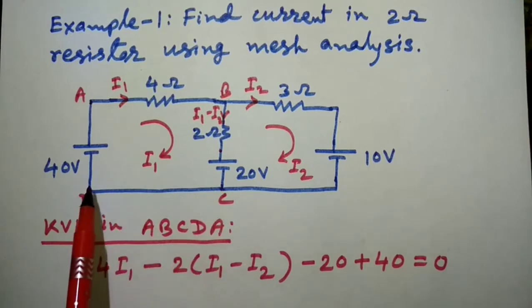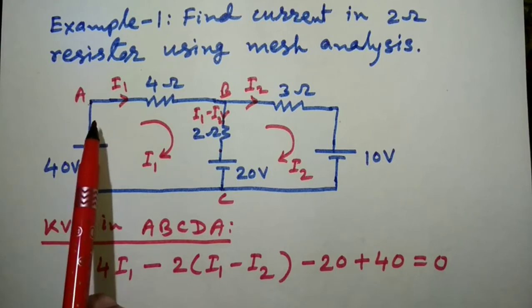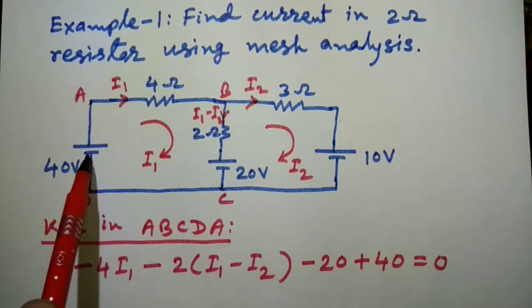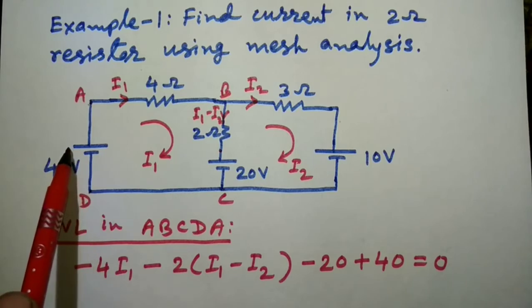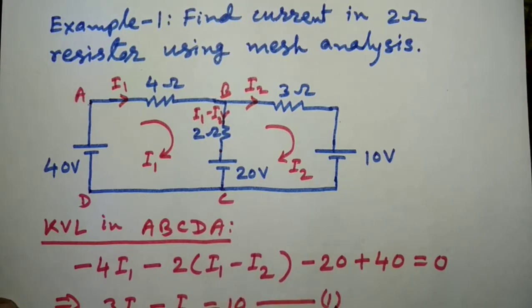From C to D and then from D to A, it is 40 volt and we are going from negative to positive terminal, so it is plus 40. Simplifying this equation, we get 3I1 minus I2 is equal to 10. Equation number 1.